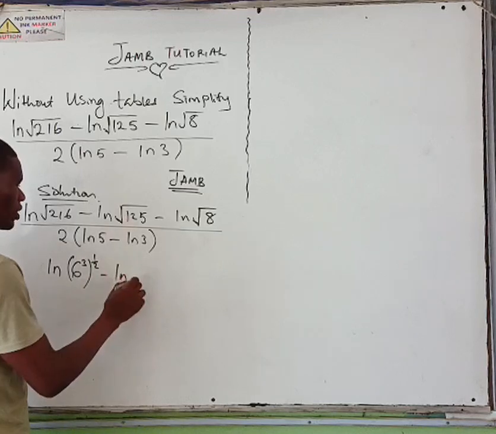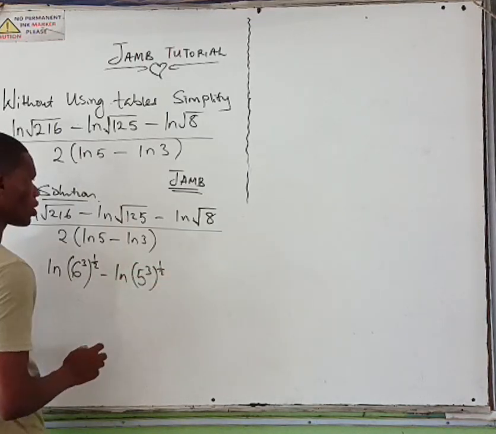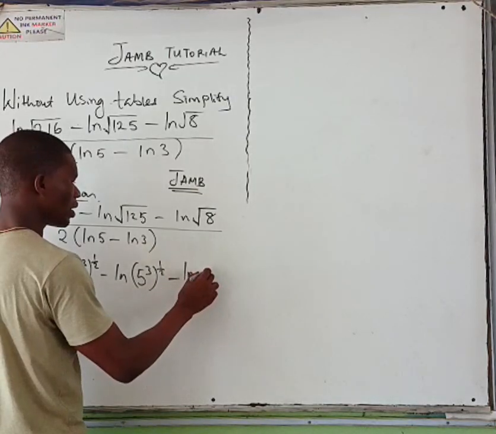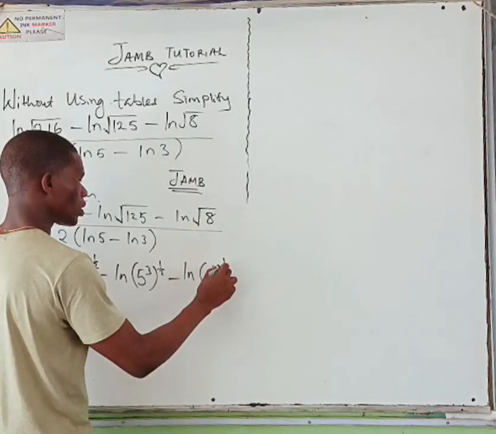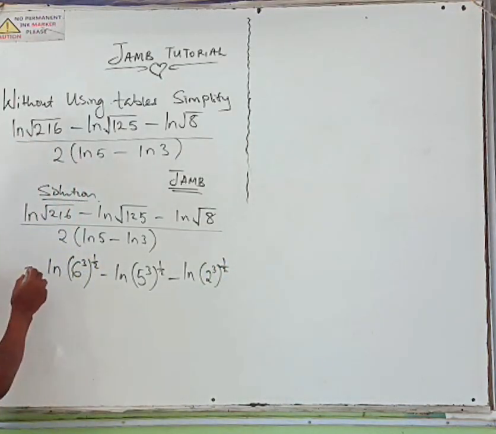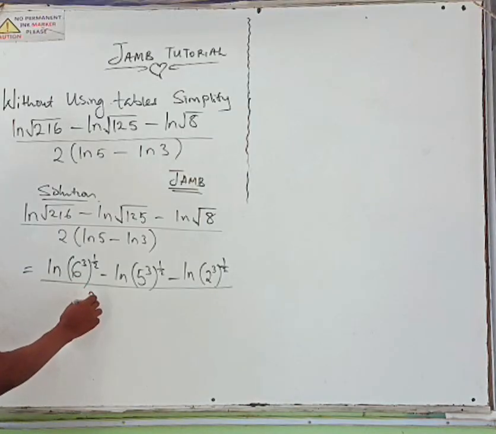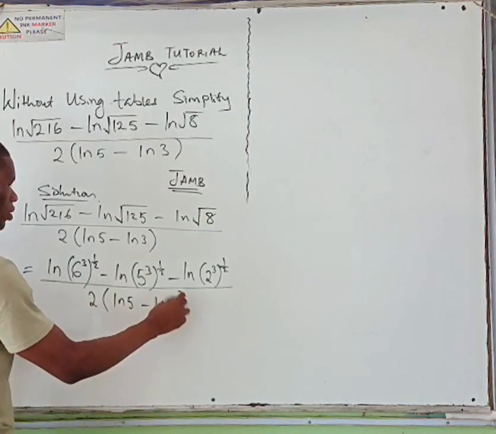Now 125 is 5 raised to the power of 3, and the square root again is 1 over 2, minus ln 8, which is 2 raised to the power of 3, and the square root is calculated as 1 over 2 also. We have over 2, and I'm still going to leave this as ln 5 minus ln 3.